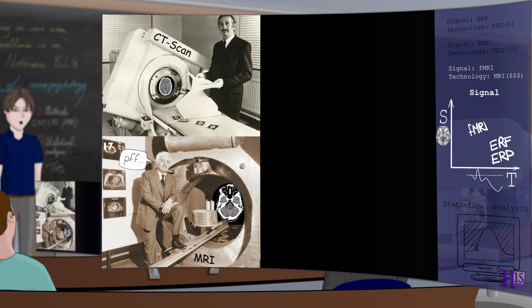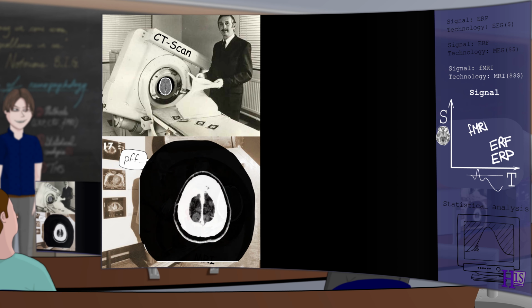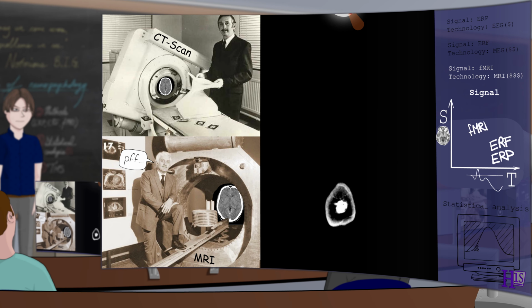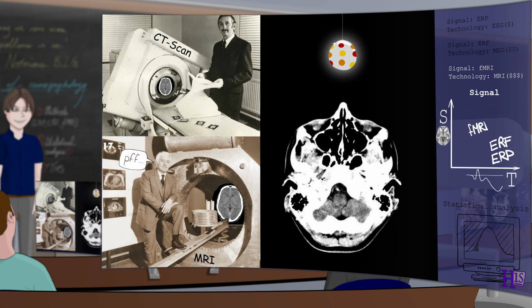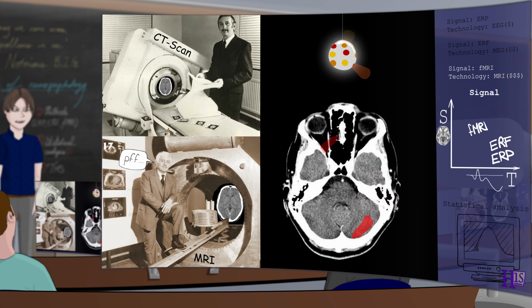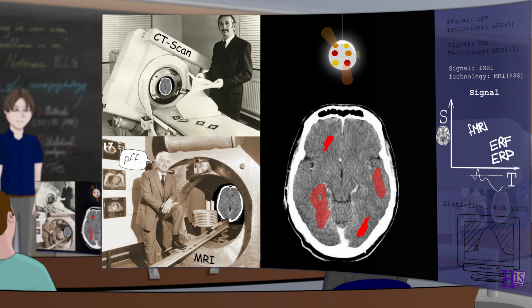The reason the MRI technology became so important then is because, contrary to the CT scan, it permits an analysis of the activity of the brain, like the ERP. This is then called the fMRI. The fMRI is to the MRI what ERP is to the EEG, a functional analysis using the underlying technology.